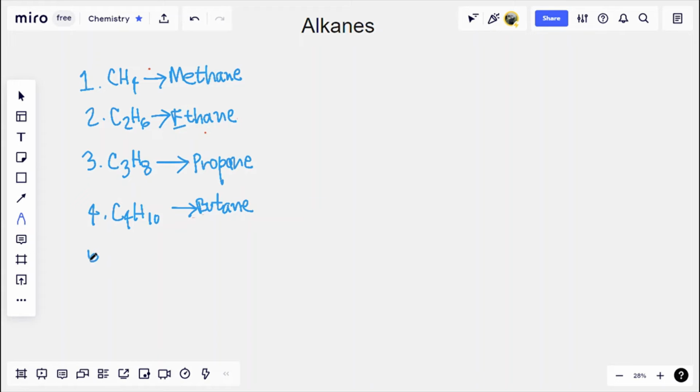The fifth one is C5H12, known as pentane. The sixth one is C6H14, known as hexane.